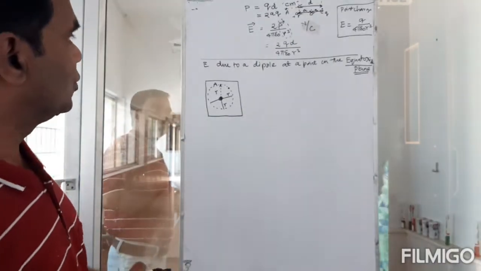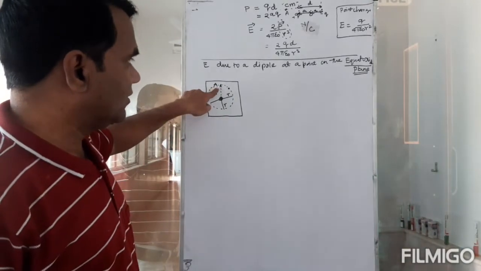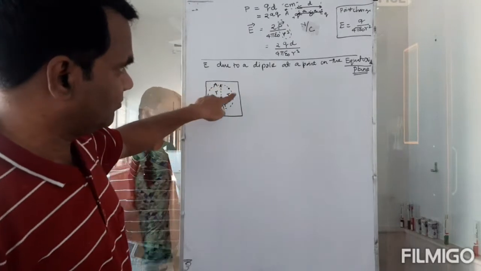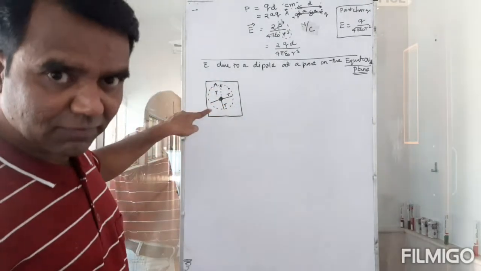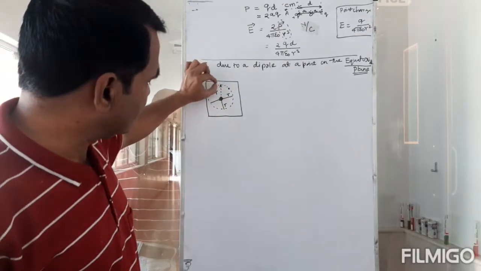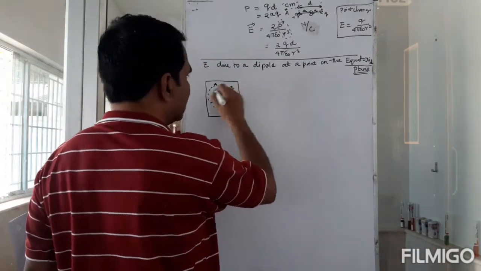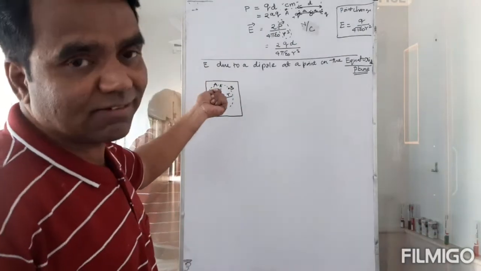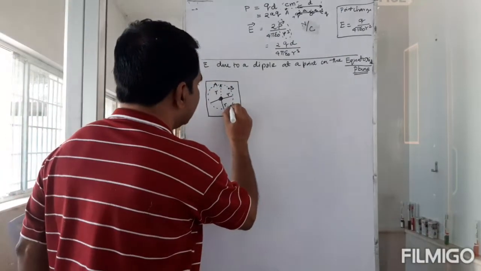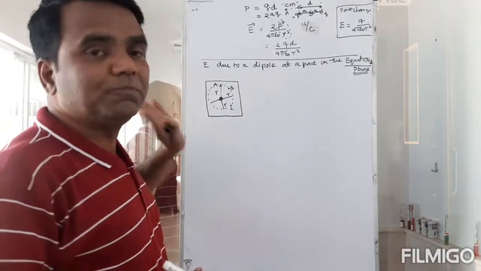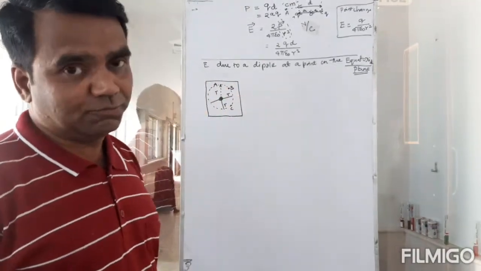So if I calculate for this one point, I have calculated for all the points on the circle. Because if you calculate E for A, then if this is B, then B will also have the same value as A. And if this is C, C also will have the same value as A. That is what we are going to do now.